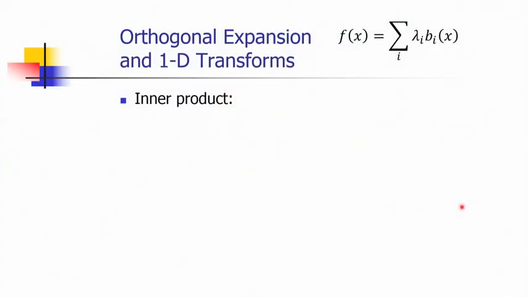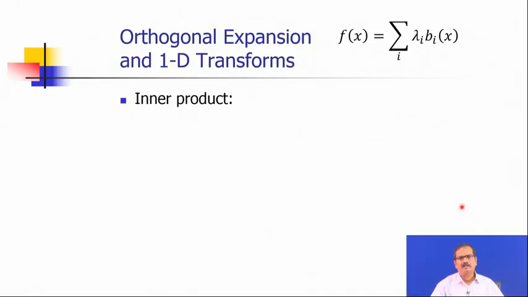One of the things that we would like to define here is the operation inner product. Inner product is a binary operation where the two operands are two functions, f(x) and another function g(x). It is the product of these two functions, and the integral of these product values at every point in the space x.